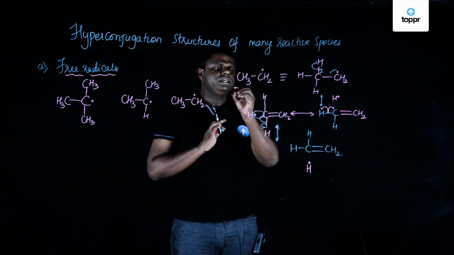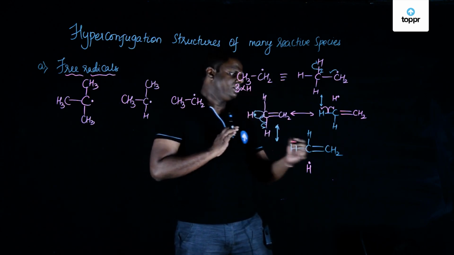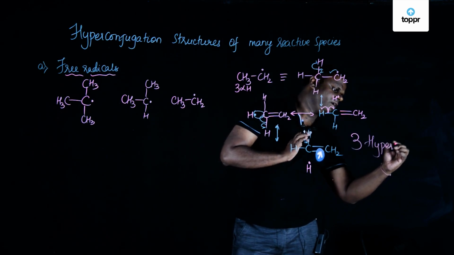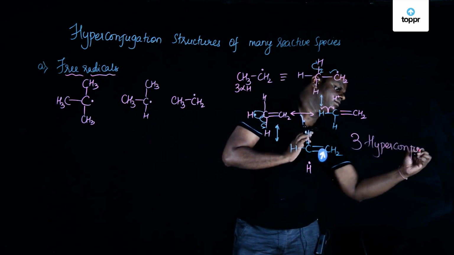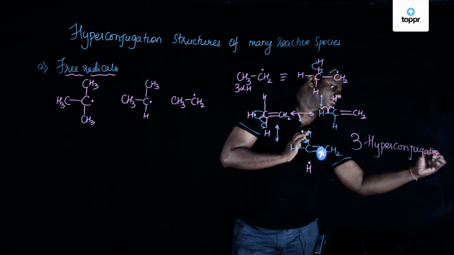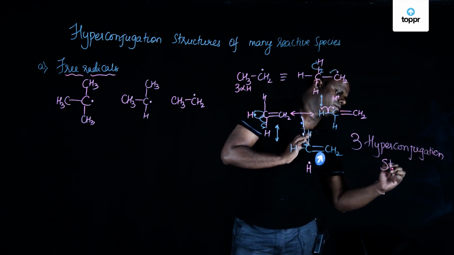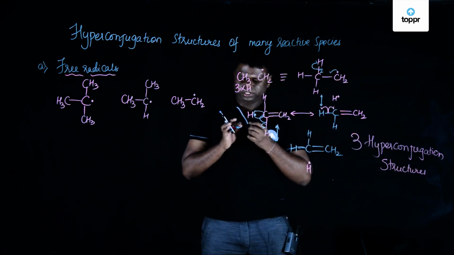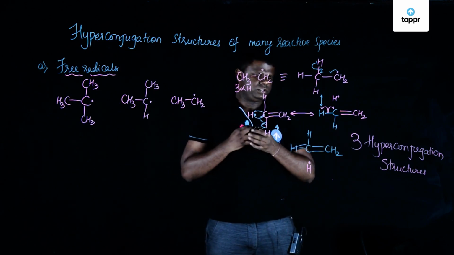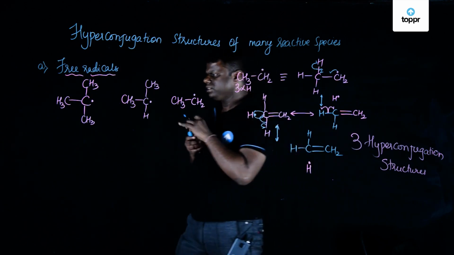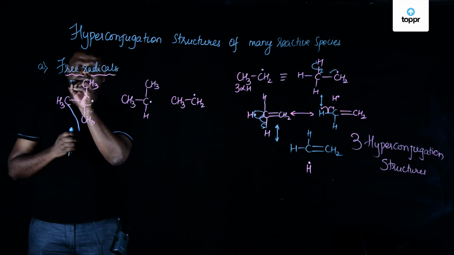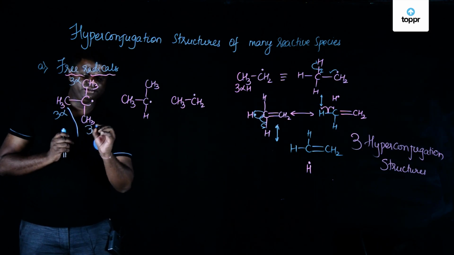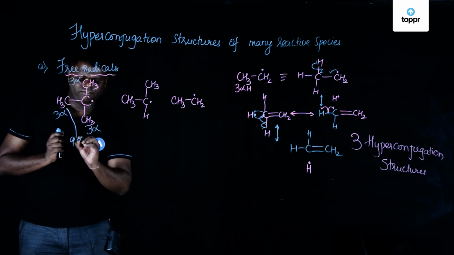If you could see 3 alpha hydrogens, that means you have got 3 hyperconjugation structures. So 3 hyperconjugation structures, 3 alpha hydrogens. Here there are 3 alpha hydrogens, 3 alpha hydrogens here, 3 alpha hydrogens here. So total 9 alpha hydrogens.